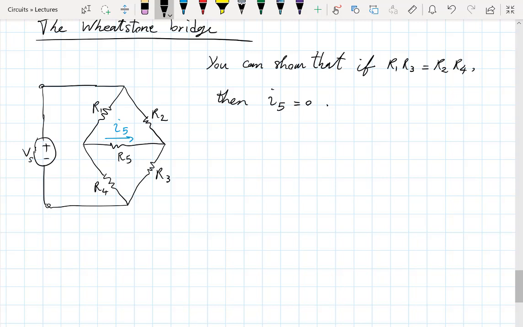You can put an ammeter in this branch in the middle and change the value of R3 until you measure zero current. And then you have that equation from which you can find your unknown resistor. Okay. And it has advantages compared to, let's say, trying to directly use a voltage source.